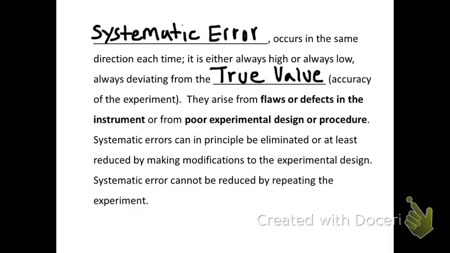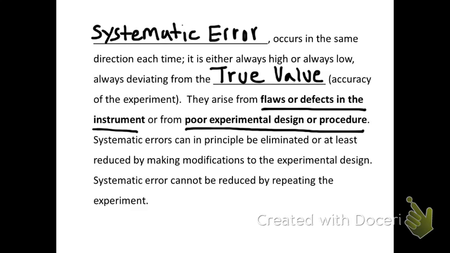So systematic errors are errors that are going to cause us to deviate from our true value, or the accuracy of the experiment. A lot of these systematic errors result from flaws or defects in instruments, that would be your measuring instruments that you would use during the lab, or from poor experimental design or procedure.